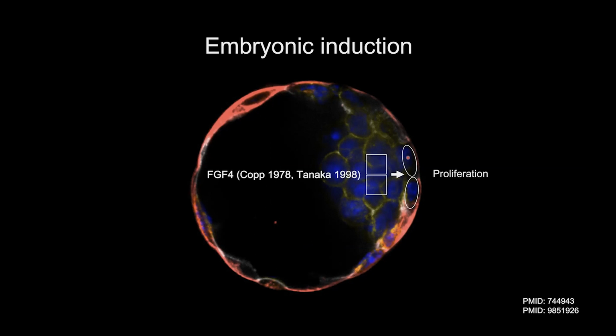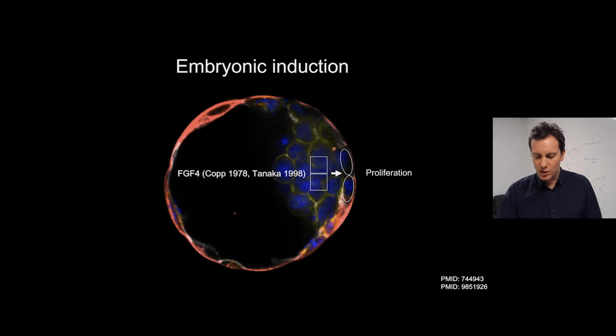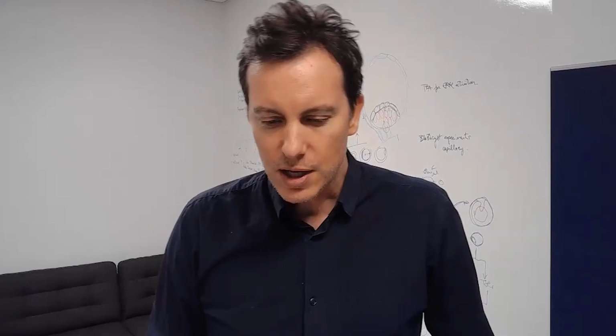The classical model of embryonic induction was depicted for blastocyst development by Cope in 1978, and he suggested through correlative observations that the blastocyst forms through molecular inductions originating from those inner epiblast cells and driving the development of the outer trophoblast. Cope was actually using microdissection to cut the blastocyst and isolate the left and right parts, and by growing them separately, he proved that the inductions are locally regulating the trophoblast proliferation.